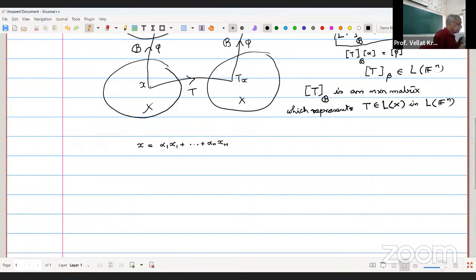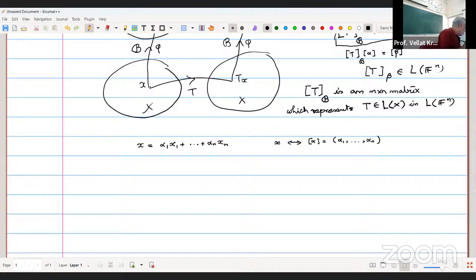This is the representation identifying x.